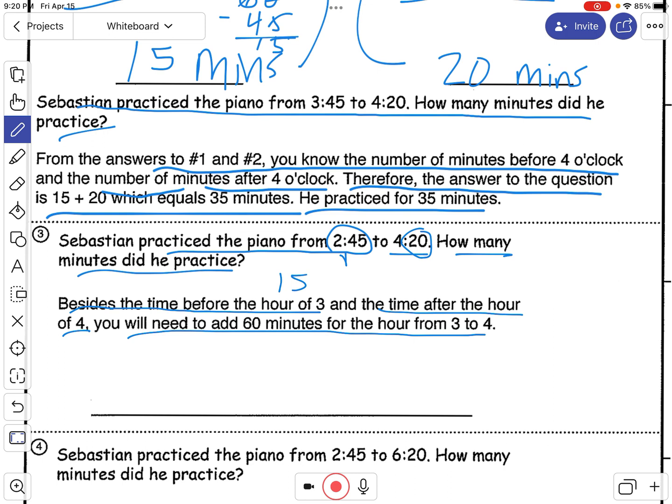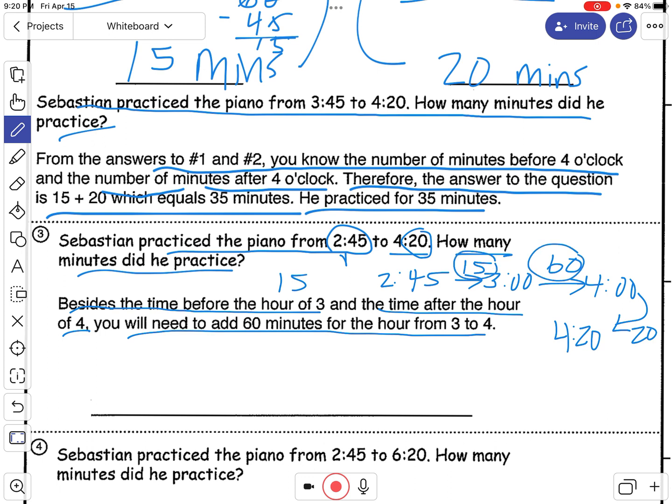So basically what's happening here is you're starting at 2:45, and then you're going to 3 o'clock. That's 15 minutes. Then from 3 to 4 o'clock is 60 minutes, right? And then from 4 to 4:20, I ran out of space there, is 20 minutes. So what we're doing is adding up all of these minutes to see how many minutes he practiced.